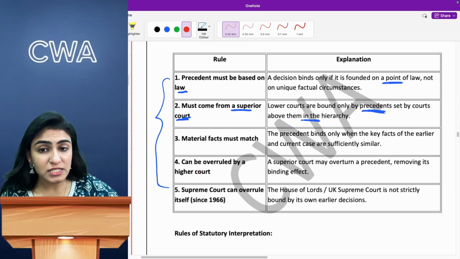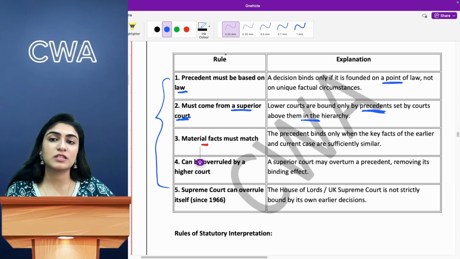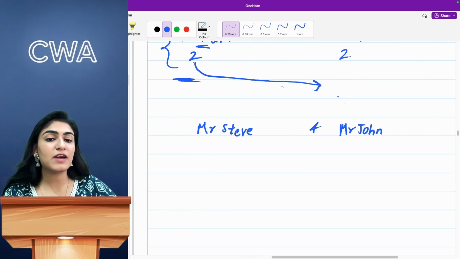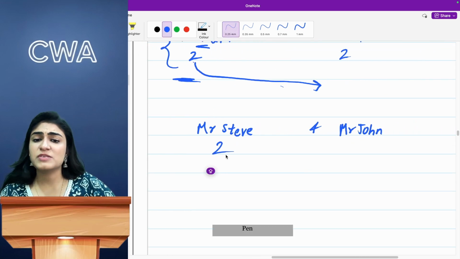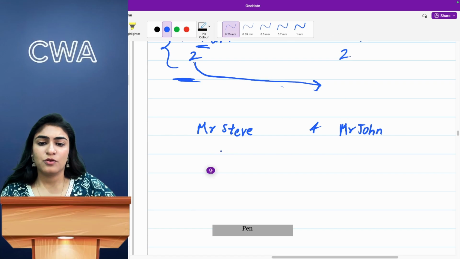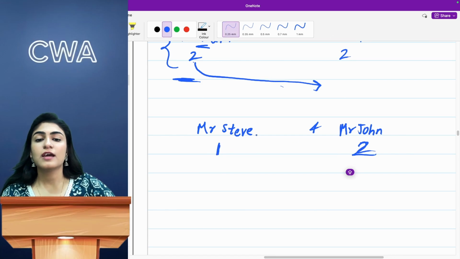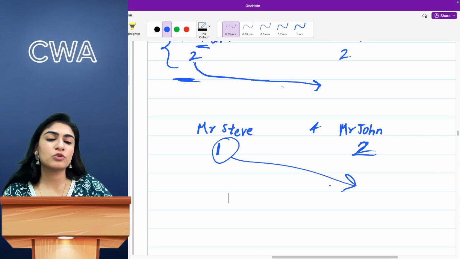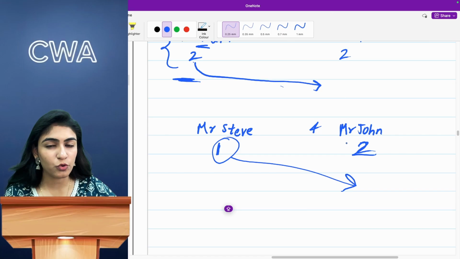Material facts must match. What do you mean by material facts must match? Let's say Mr. Steve had 1 cow and Mr. John had 2 cows. All right. However, again this cow went to the farm and destroyed everything that Mr. John has grown.